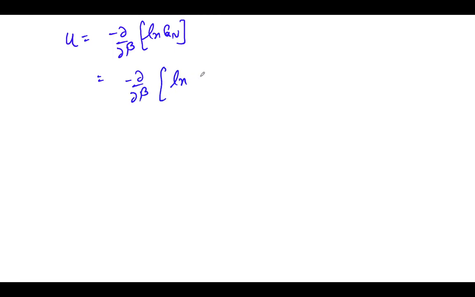Now the U value is minus del by del beta of log of Q_n. If I take the value of this partition function, that is minus del by del beta of log of exponential of minus n beta h bar omega over 2 into 1 minus exponential of minus beta h bar omega raised to the power minus n.